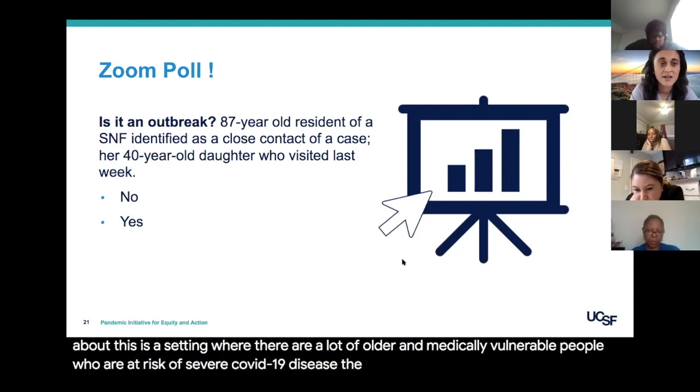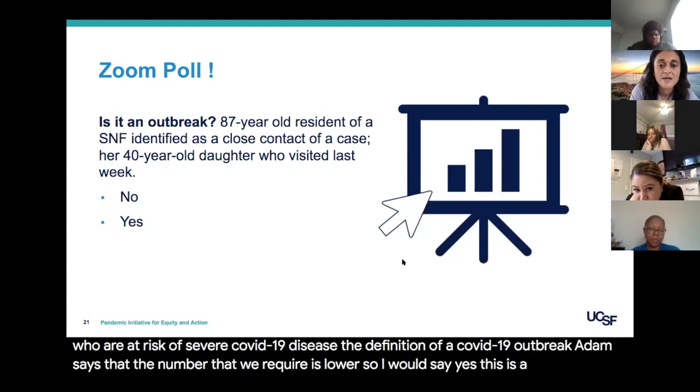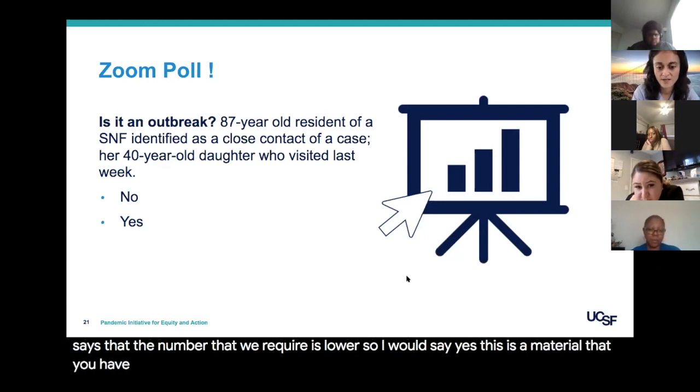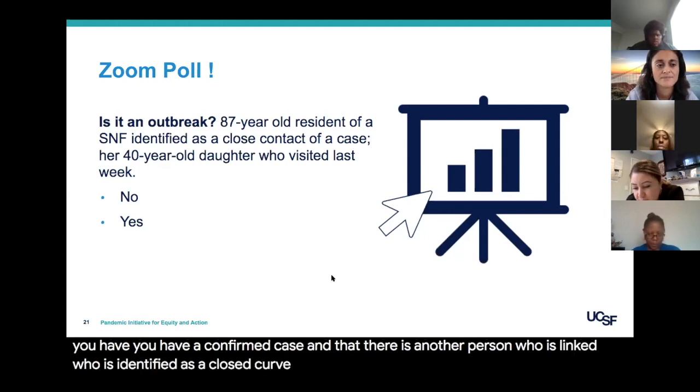The definition of a COVID-19 outbreak reflects that, and the number that we require is lower. So I would say, yes, this is a COVID-19 outbreak. We have a confirmed case, and there is another person who is linked, who is identified as a close contact. Okay, next slide.